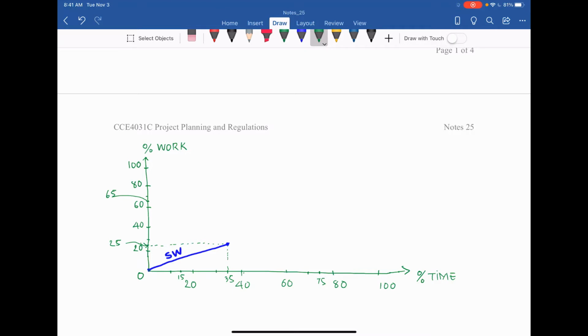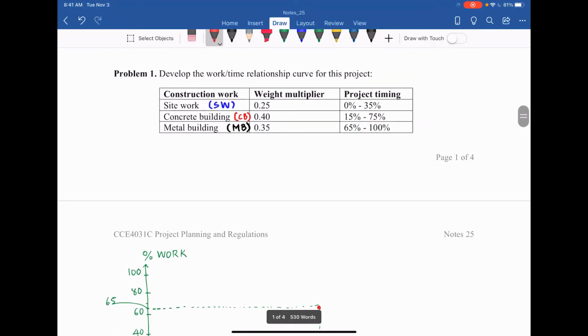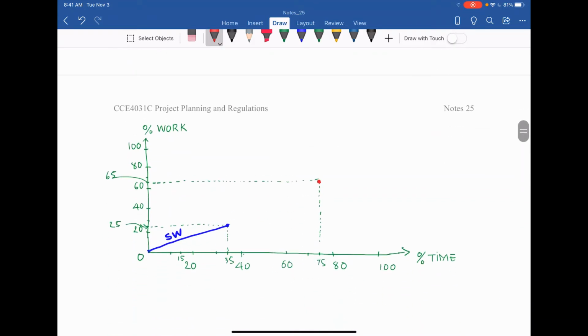Again, similarly, we can draw a horizontal line at 65% and a vertical line through 75%, so we find the first point. The second point is where the concrete building starts at 15%.